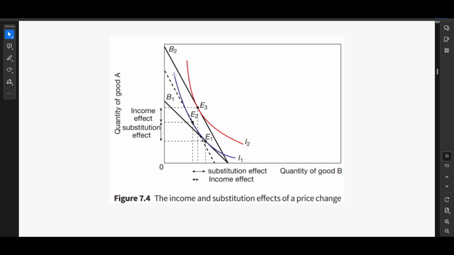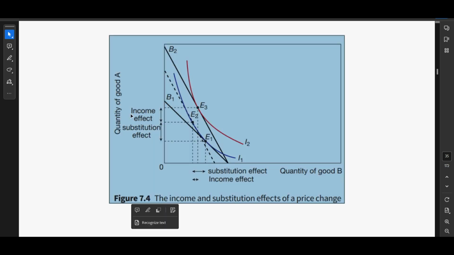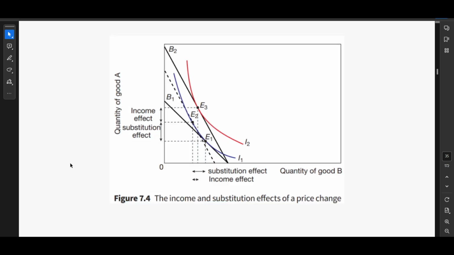What we're saying, right, as Unobat was asking, this broken line, what is this broken line? When we try to explain it from a sequential perspective, we're saying that the price of good A has decreased, right? So the first thing the consumer is going to do, because the price of good A has decreased, is move from E1 to E2.